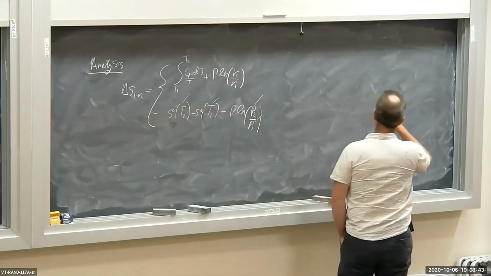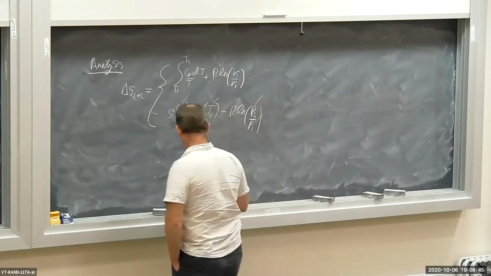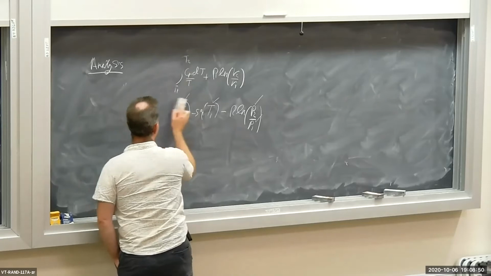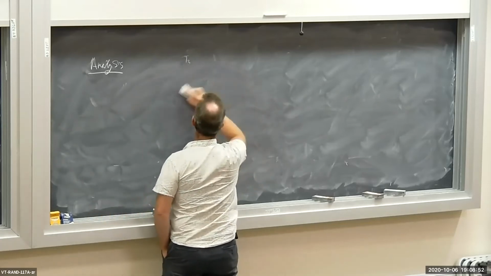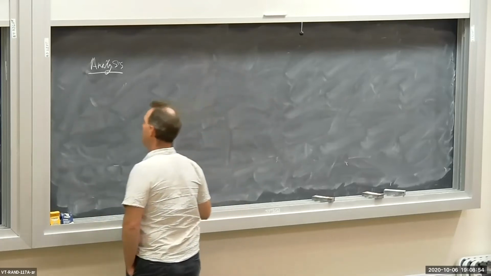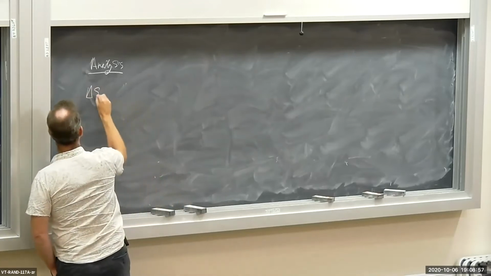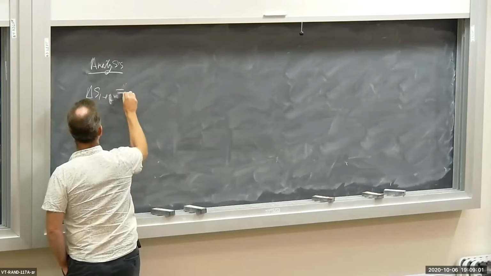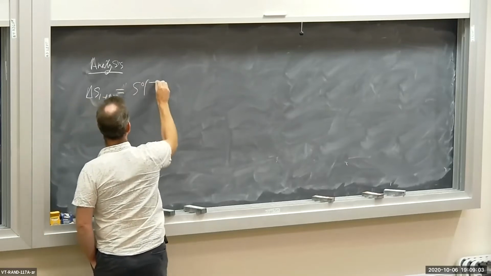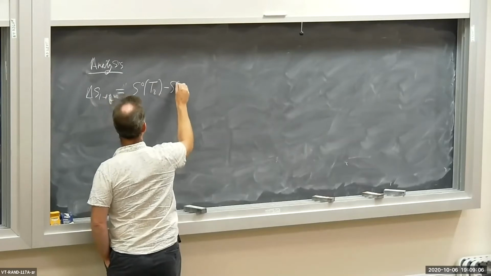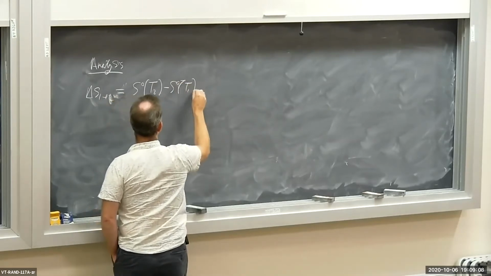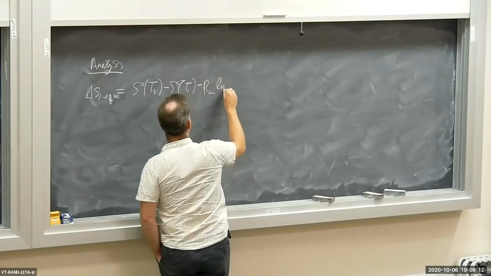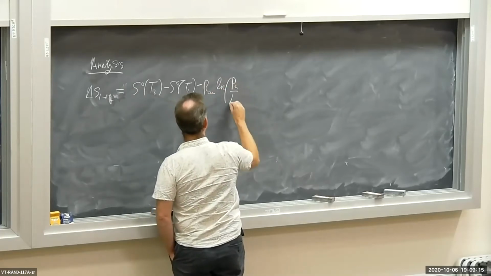Okay, here. So let me erase this. And I'm going to write the second version. We're not interested in the first version. It's not helpful. So I have delta S from 1 to 2 is equal to S naught evaluated at T2 minus S naught evaluated at T1 minus R for air ln P2 over P1.